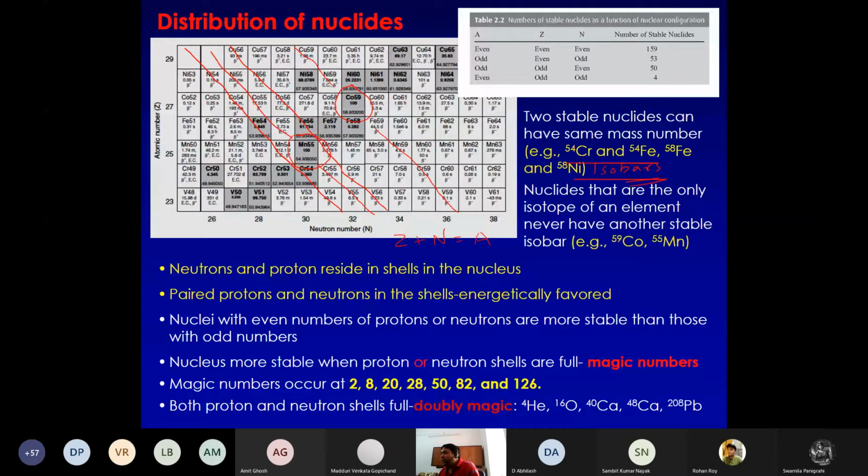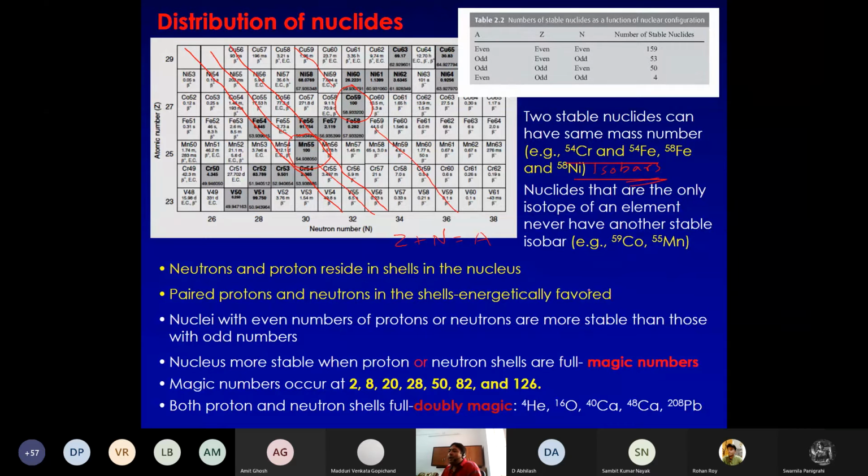Just as you might be aware that electrons occupy different shells outside the nucleus, K, L, M, N, and so on, in a similar way neutrons and protons also reside in shells in the nucleus. You have separate shells for protons and separate shells for neutrons.